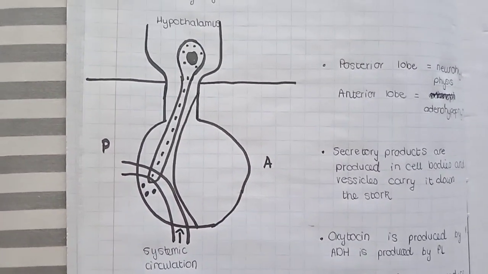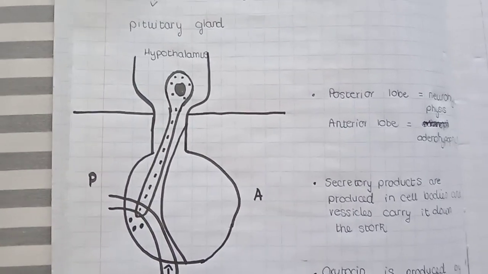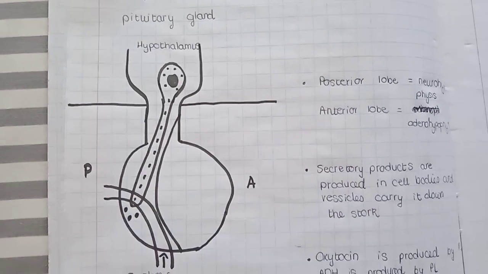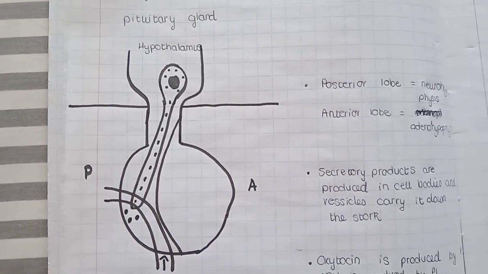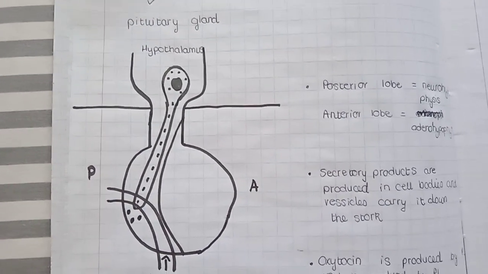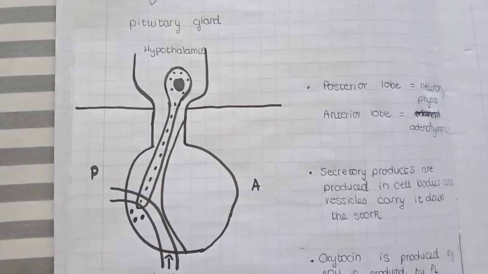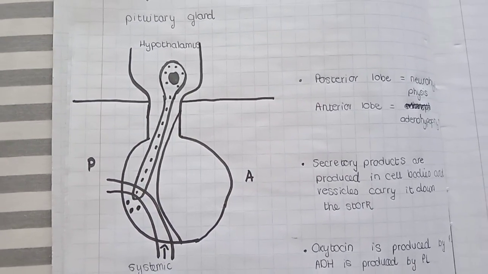Obviously this won't happen all at the same time. The hypothalamus produces many different types of hormones, but whenever the body is lacking a hormone or has too much of a hormone, the pituitary gland secretes the hormone, it goes to the specific target organ, and then it performs its particular function there.